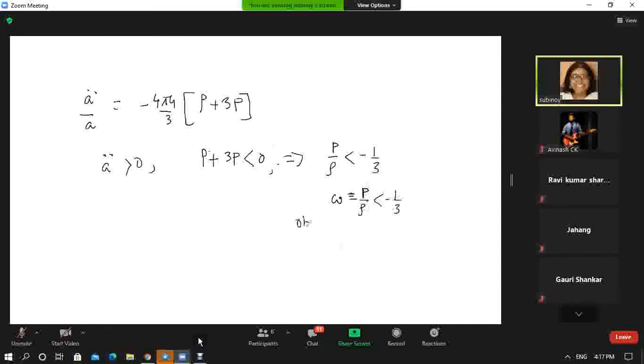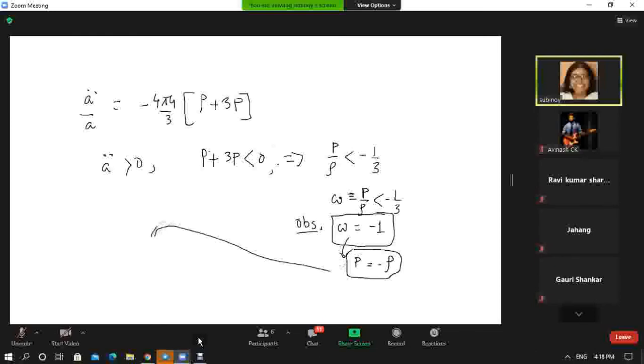What did observation find? Observation found that w equals minus 1. That means pressure p equals minus rho. This was actually found by Einstein, but he didn't know about dark energy. He said there is something called the cosmological constant, vacuum energy.